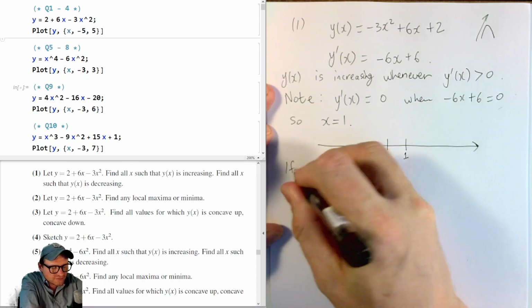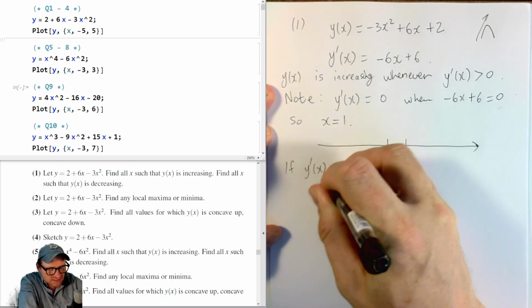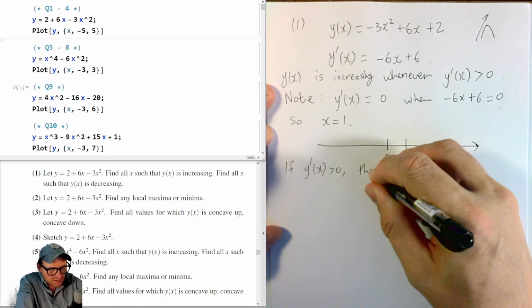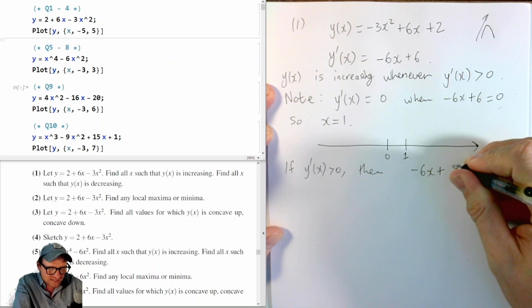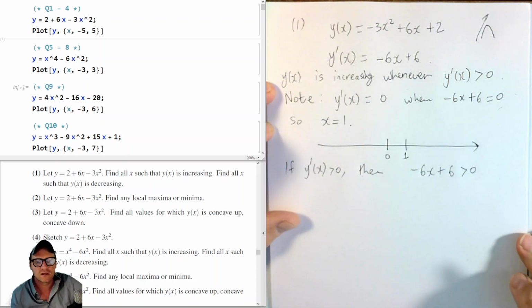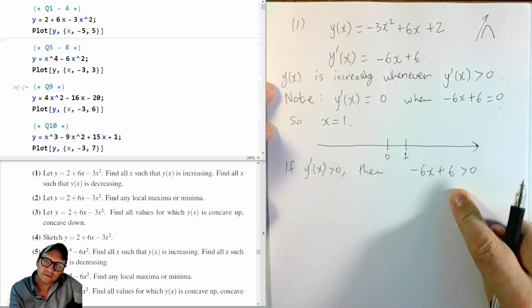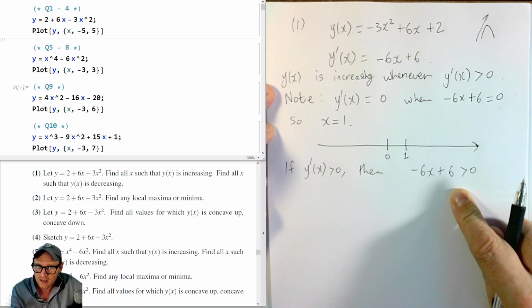So let's say if y dash of x is positive, then minus 6x plus 6 is positive. And this is an inequality. We can solve inequalities in the same way that we solve equations, with a little bit of a difference.